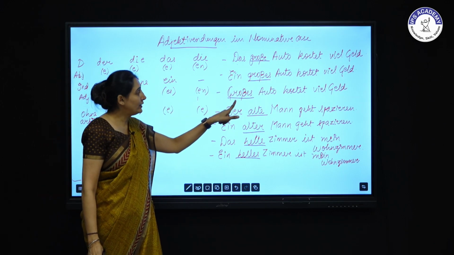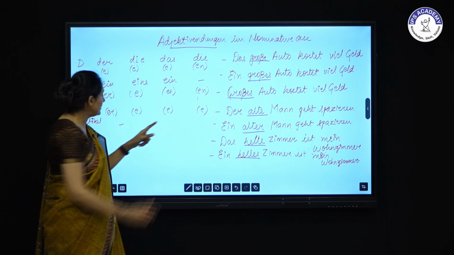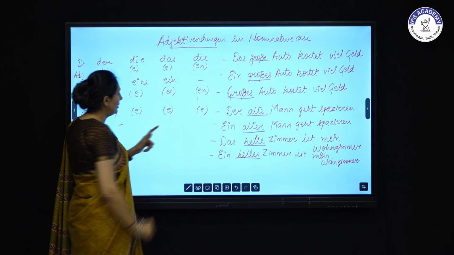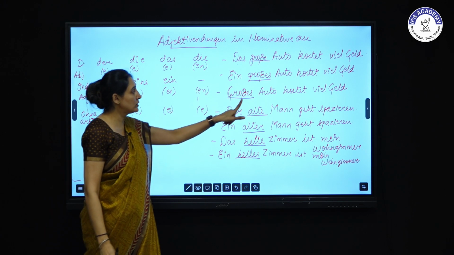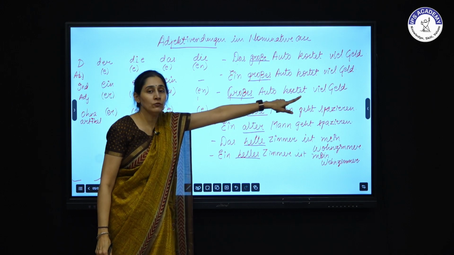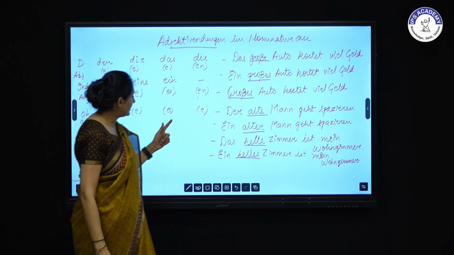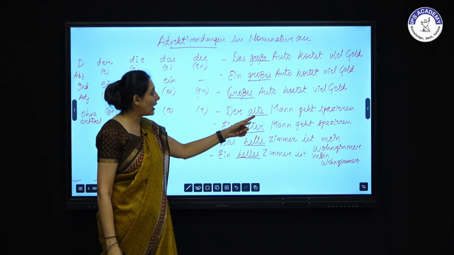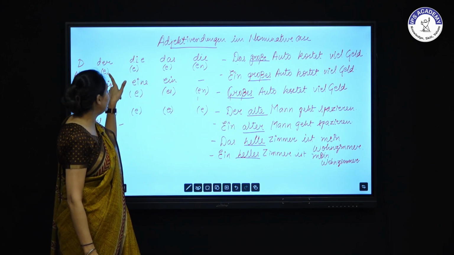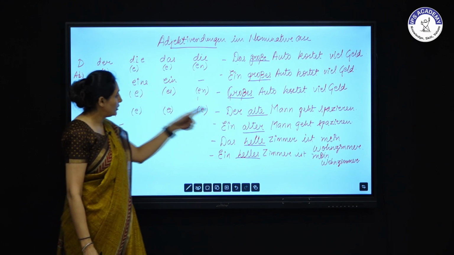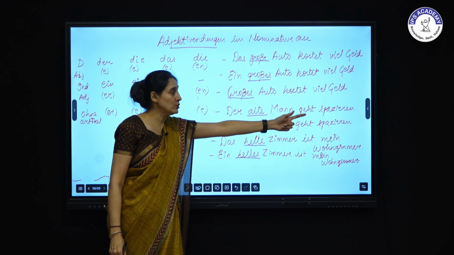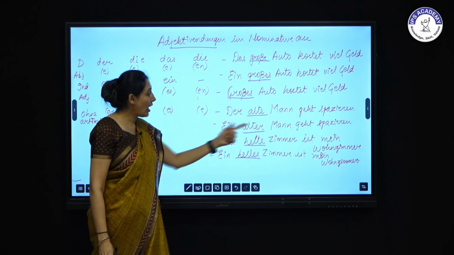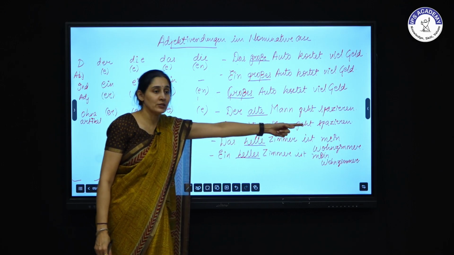The same without owner article, again here we have großes. Großes Auto kostet viel Geld. And the same way we have der alte, that is e with the masculine. So der alte Mann geht spazieren. Ein alter Mann geht spazieren.